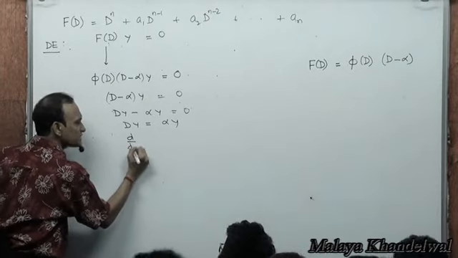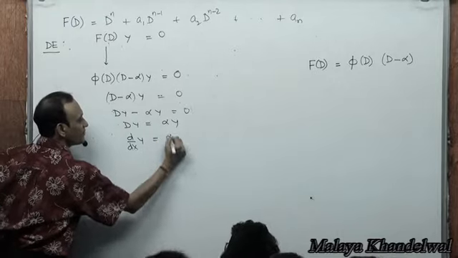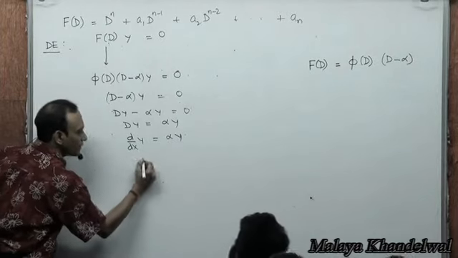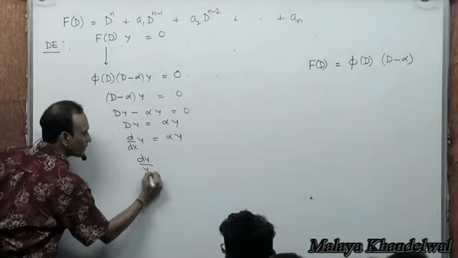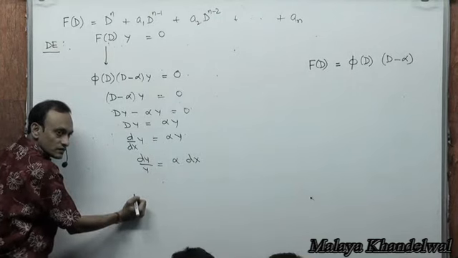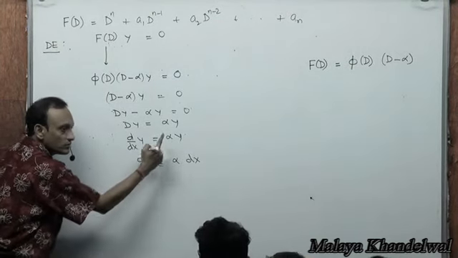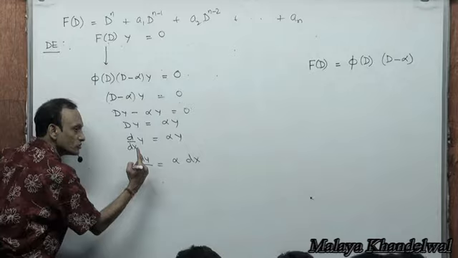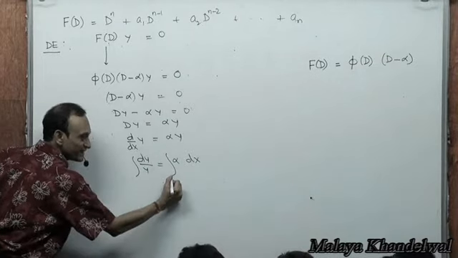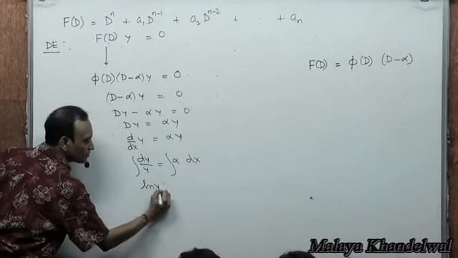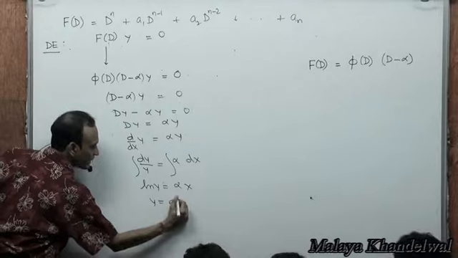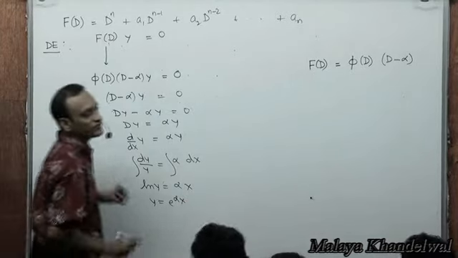D is d/dx, so dy/dx is alpha y, and dy by y is alpha dx. Log y, one of the possibilities, is alpha x. That means y equals e to the power alpha x is certainly a solution to this differential equation.